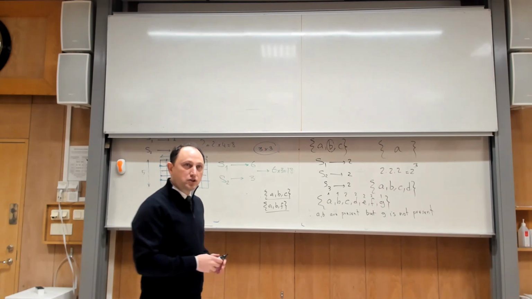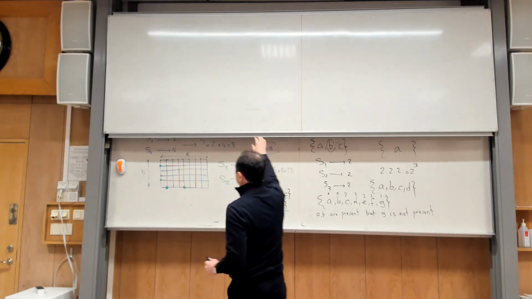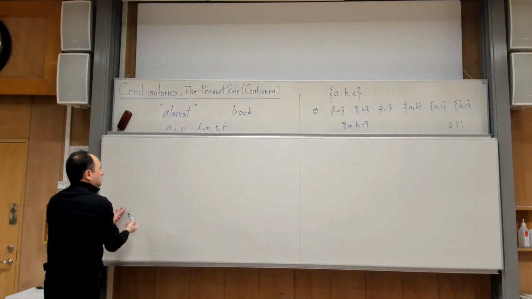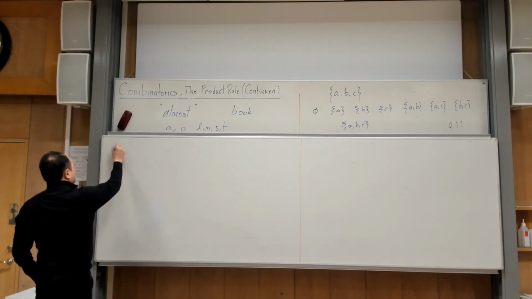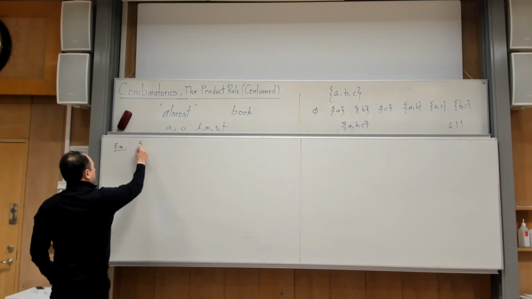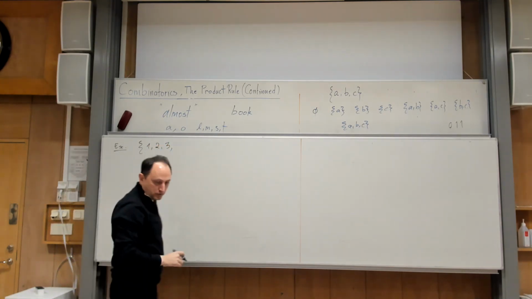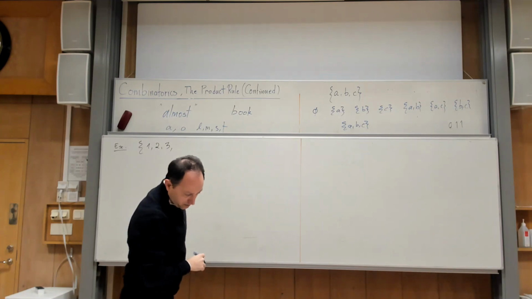Okay, now let me ask you one question. I want to wait for you to solve it for me. So for example, I give you a set 1, 2, 3, up to 10.